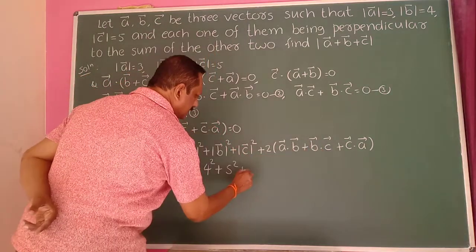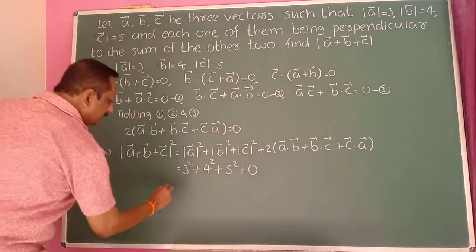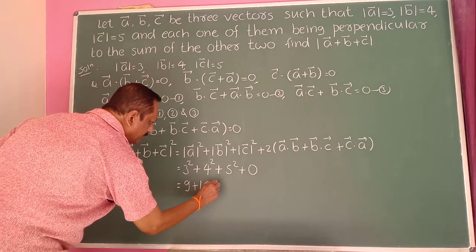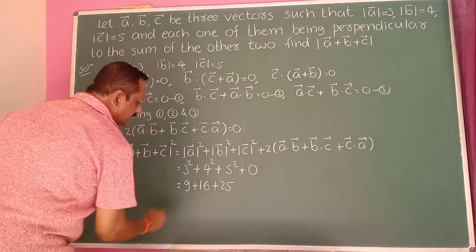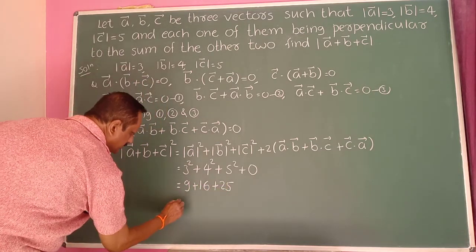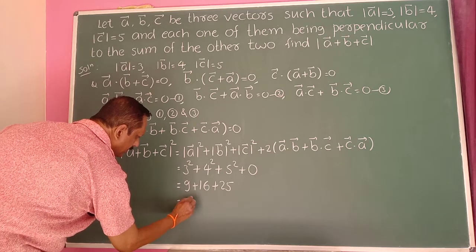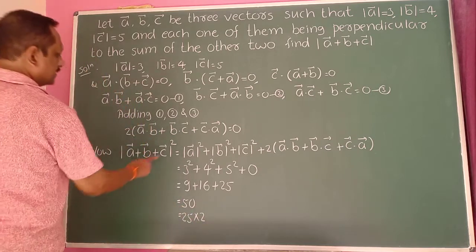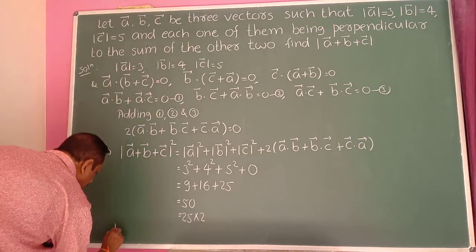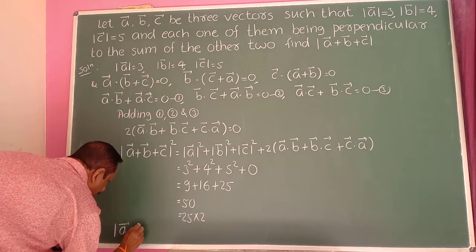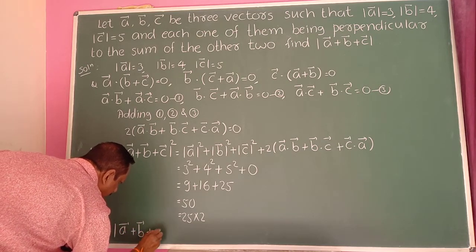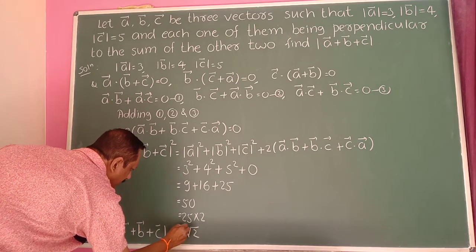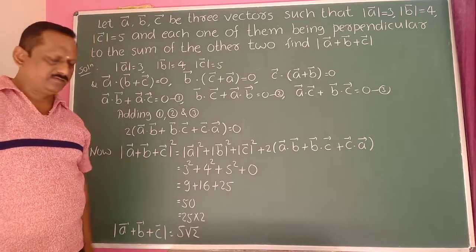So 9 plus 16 plus 25 gives 50. 50 can be written as 25 into 2. Taking the square root on the right-hand side, modulus of A bar plus B bar plus C bar is equal to 5 root 2. The square root of 25 is 5, so 5 root 2 is the answer.